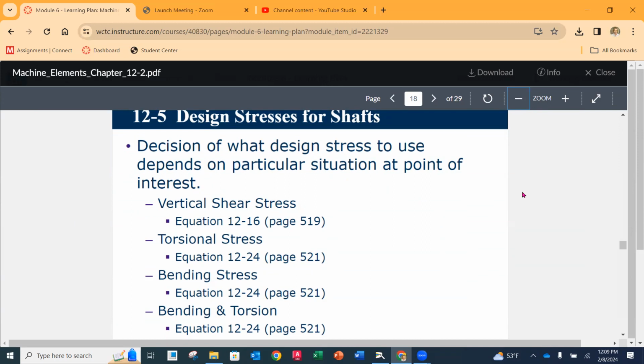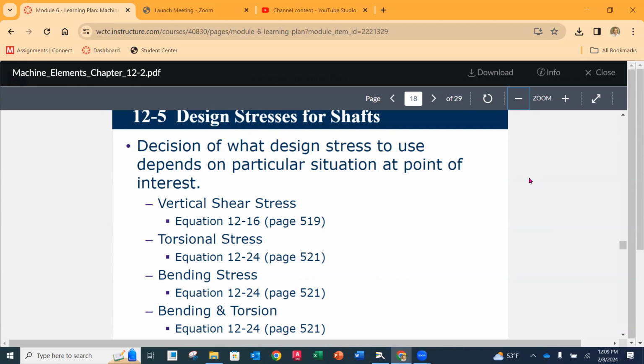Now, the minimum shaft diameters are going to be determined by the types of conditions that create the stresses that we then use equations on to determine minimum shaft diameters. Okay, so the main types of stresses that we're going to be encountering are vertical shear stress, torsional stress, bending stress, and then in combination, bending and torsion.